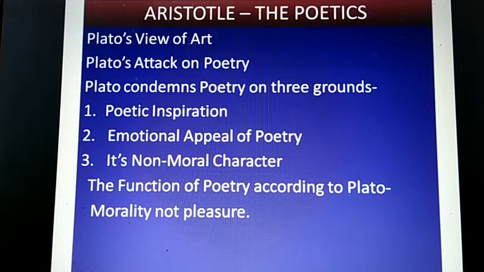And besides this, Plato also condemns poetry on the ground of its emotional appeal. Plato's next charge against poetry arises from its appeal to the emotions. Being a product of inspiration, it affects the emotions rather than the reason, the heart rather than the intellect.